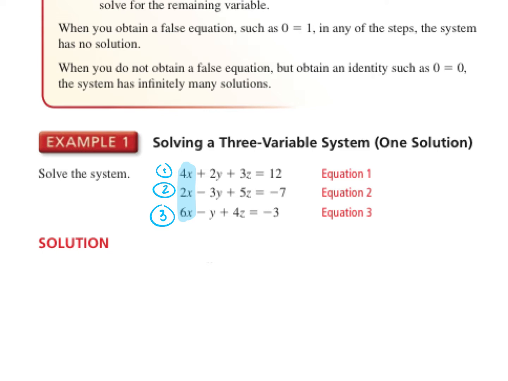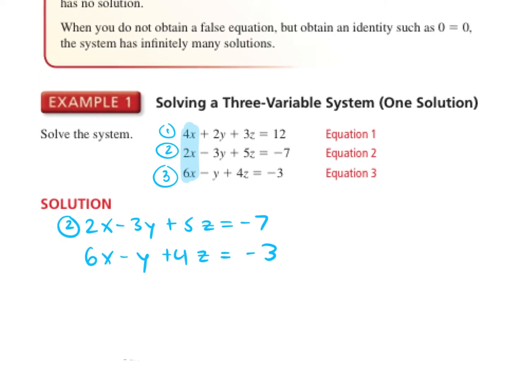So equation 2 and 3? All right, let's work with 2 and 3 first. So we have 2x minus 3y plus 5z is equal to negative 7, and 6x minus y plus 4z is equal to negative 3. Now, what do I have to multiply by which equation to get the x's to cancel?